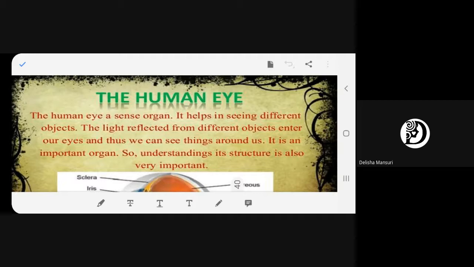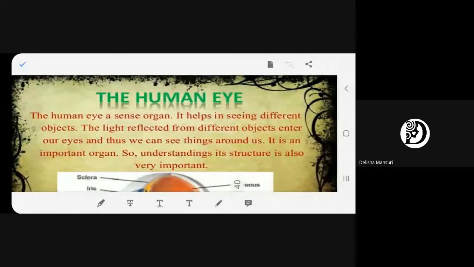It comes to our eye. If the light is not reflected by the object, then we cannot see. Remember that. Until the light is reflected by the object, we won't be able to see it. So reflection is a must. If light is not reflected and does not go into our eyes and through the lens of the eye, we won't be able to see things.